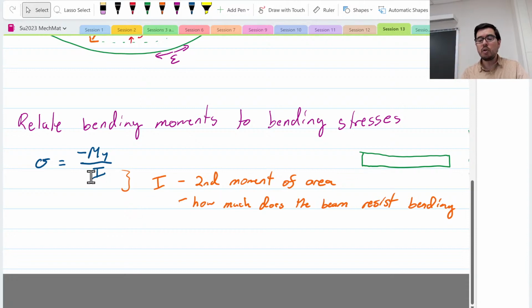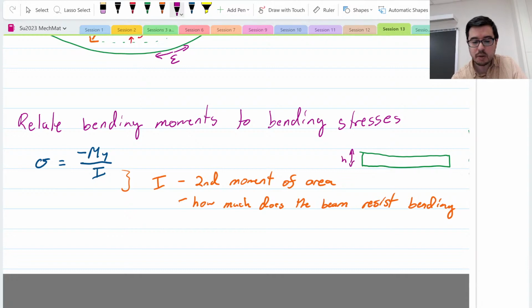Another important thing is the bending stresses are maximum at, let's say this is our H. The sigma max for bending is going to be negative m, or sorry, m, and this y we replace with h over 2.